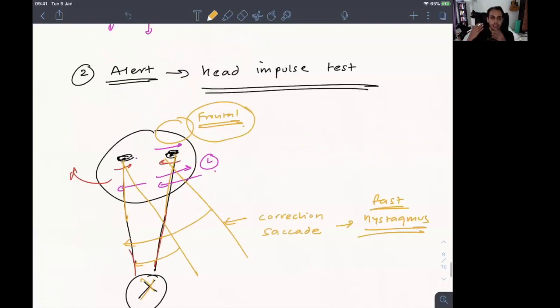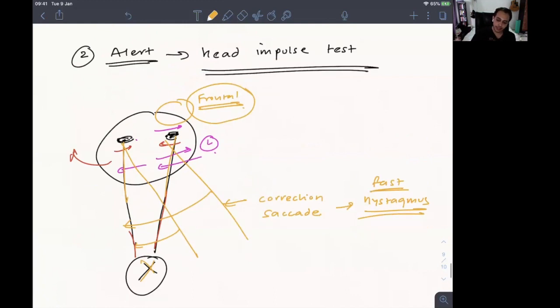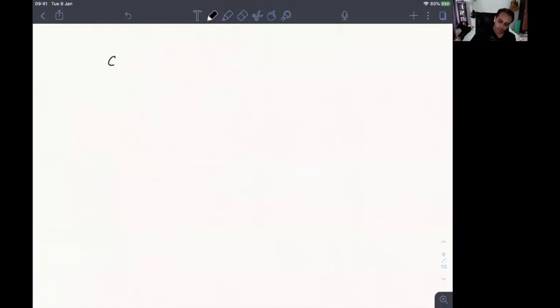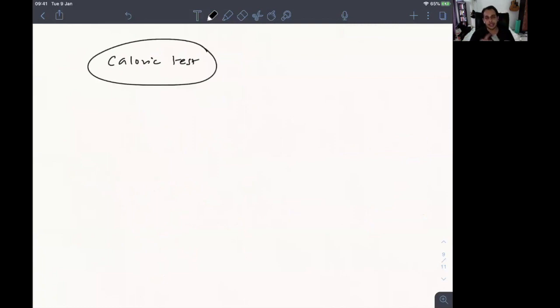So that is called the head impulse test. And finally, there is something known as the caloric test. Now, you may be familiar with the caloric test, especially in terms of brain dead patients. So how do we test for brainstem dysfunction? So the caloric test, the fundamental concept is that if you inject cold water, it acts as a destructive lesion.